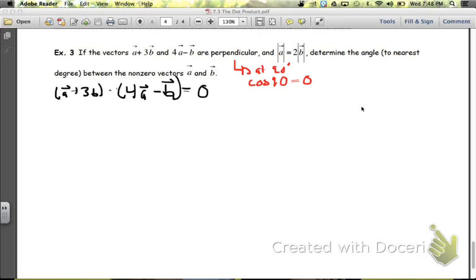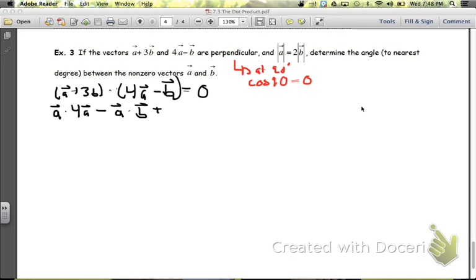So what we have is the dot product between A and 4A, minus the dot product of A and B, plus the dot product between 3B and 4A.